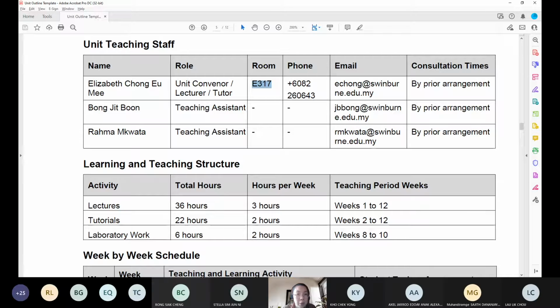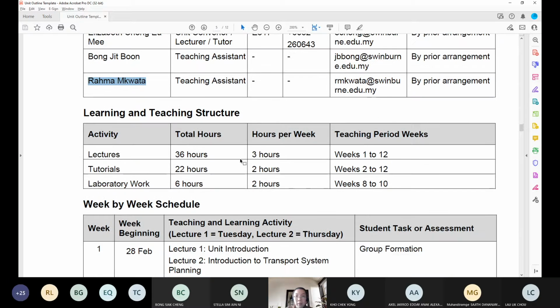Then we have Miss Bongjit Boon, my teaching assistant, as well as Miss Rama Makwata, also my teaching assistant. Miss Bongjit Boon is a local Malaysian, and Miss Rama is from Tanzania. Miss Bong will be helping me quite a lot for this unit, and Miss Rama will be helping on a few tutorials. I'll brief you on the arrangement in a while. Their email addresses are given on the unit outline as well.